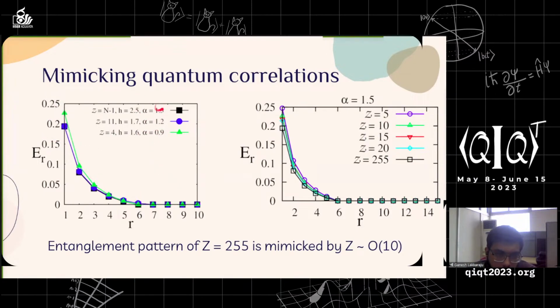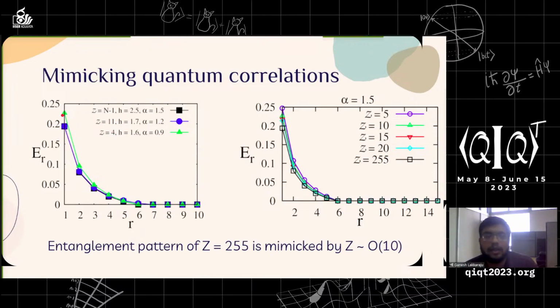But for alpha equal to 1.5 and a fully connected model, the entanglement behavior of this Hamiltonian can be mimicked by z equal to 4 and alpha equal to 0.9.